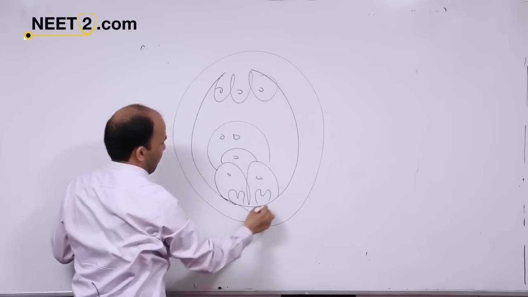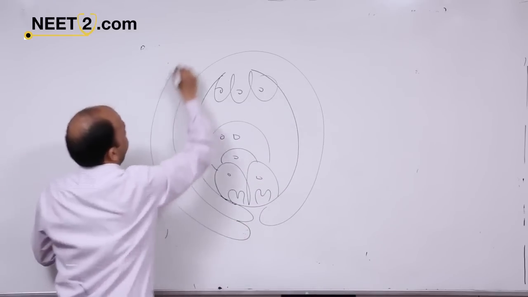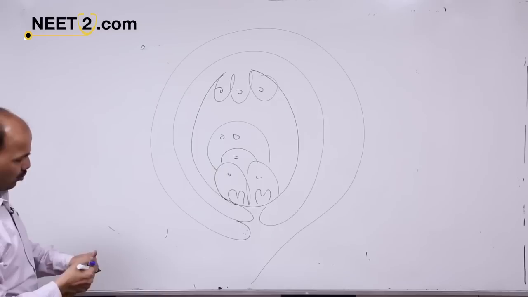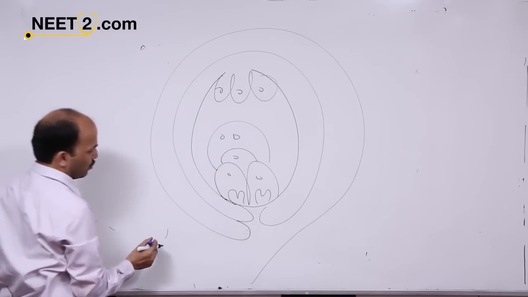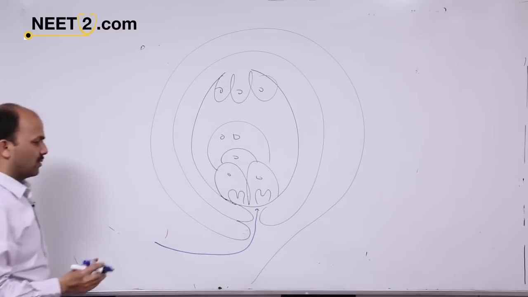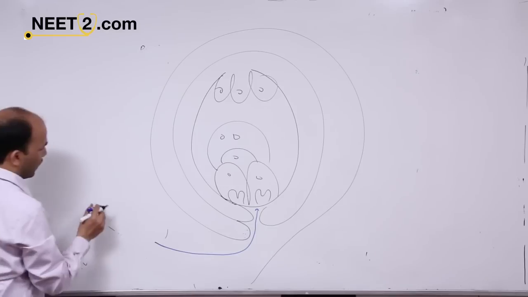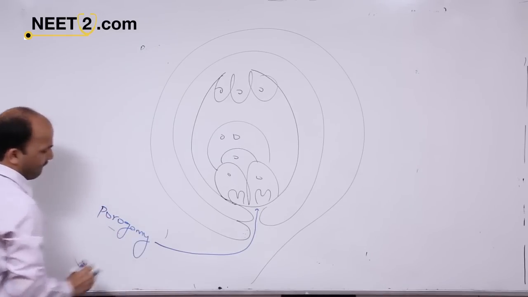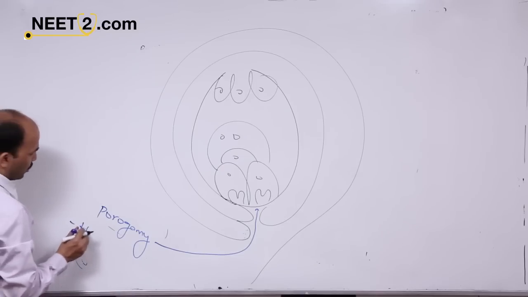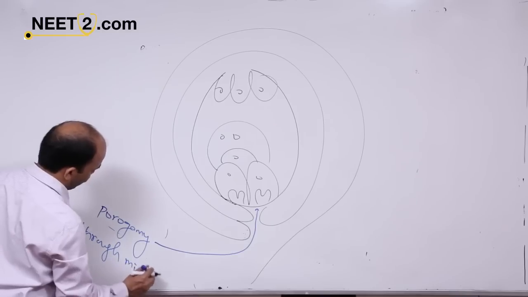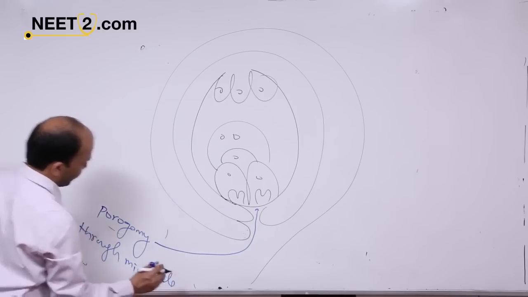In most cases, the pollen tube will enter into the embryo sac through the micropylar end. This is the micropyle. And when it comes through the micropylar end, the process will be called porogamy. Means the pollen tube enters through the micropyle into the ovule. That is the most common type.